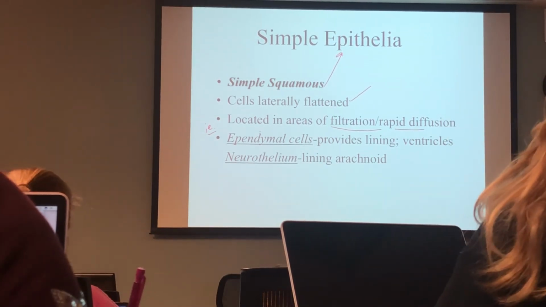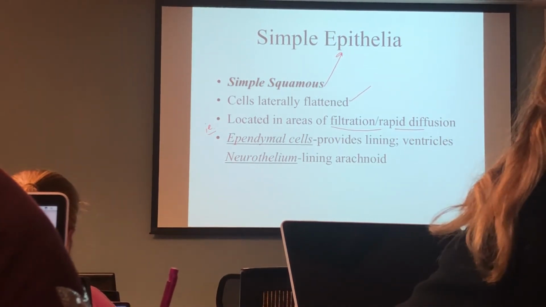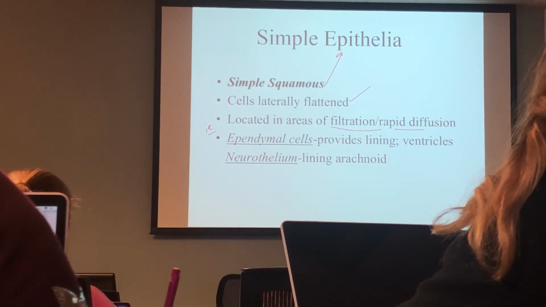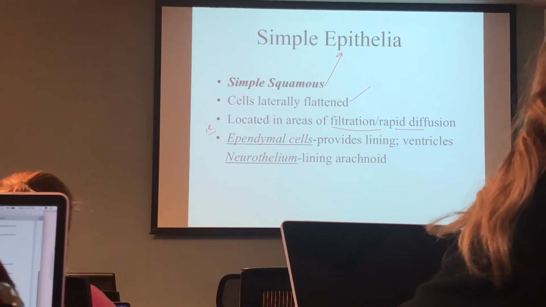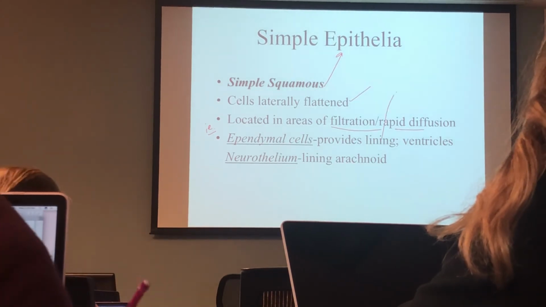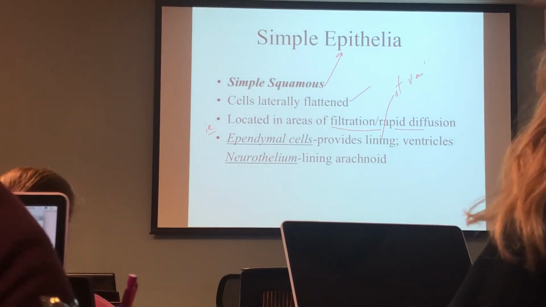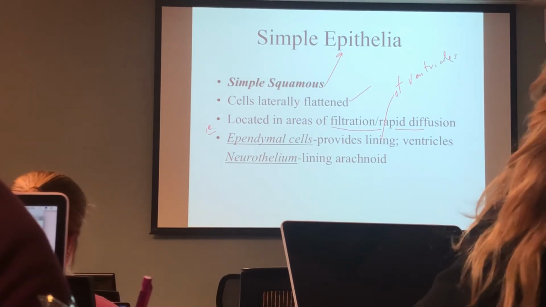Ependymal cells are a specialized set of epithelial cells. They provide a lining in some of these spaces, like the ventricles inside your brain.